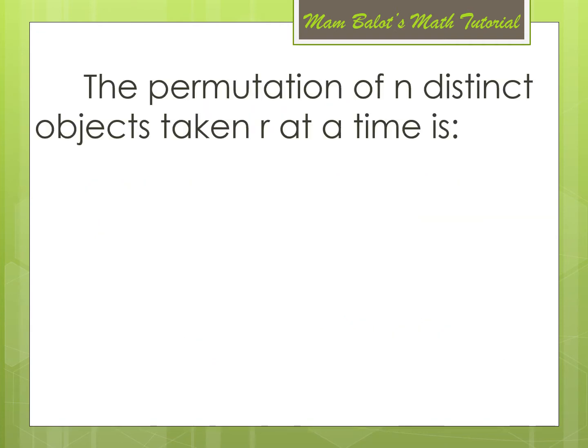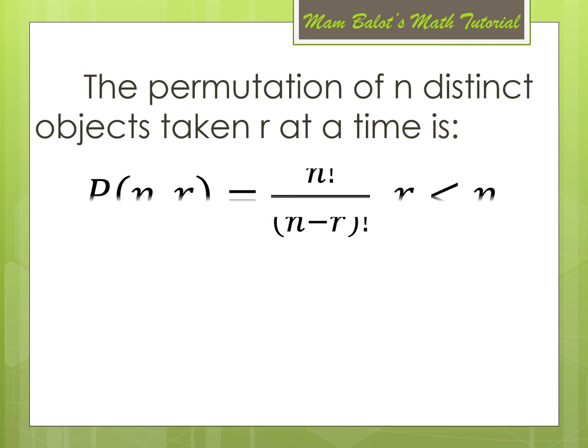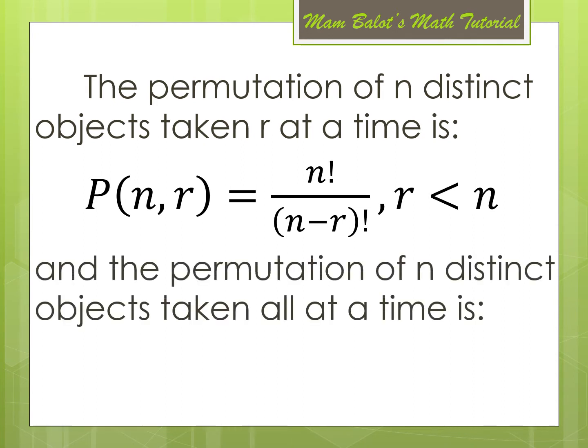The permutation of n distinct objects taken r at a time can be solved by P(n,r) is equal to n factorial over n minus r factorial, when r is less than n. But the permutation of n distinct objects taken all at a time is equal to P(n,n), which is equal to n factorial.